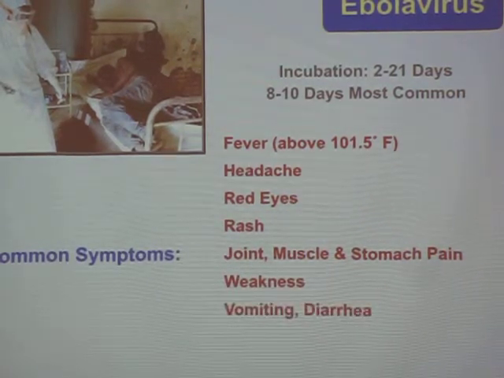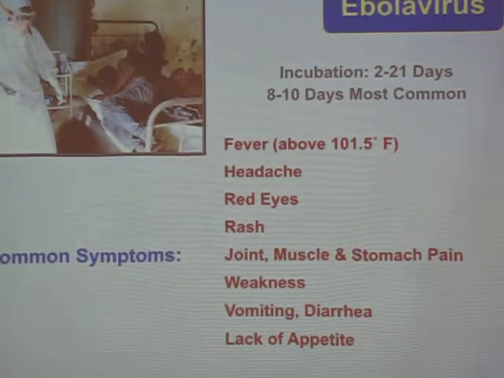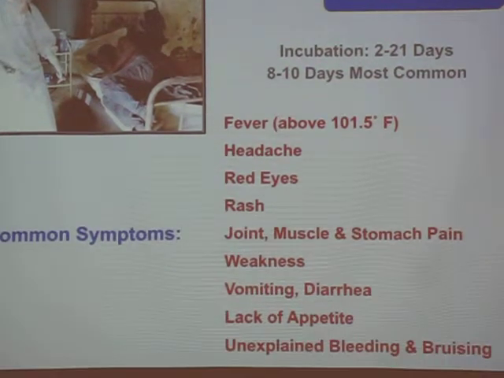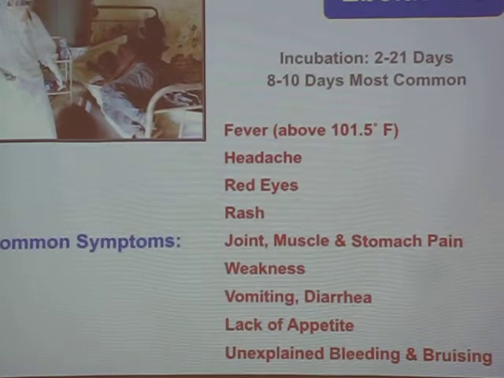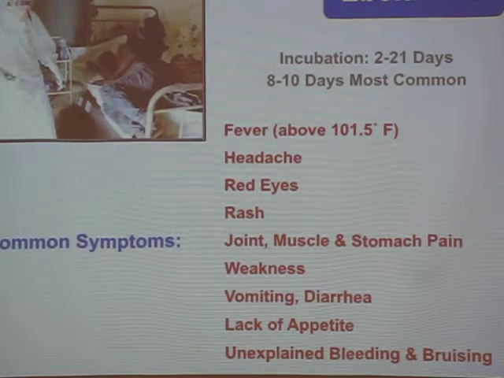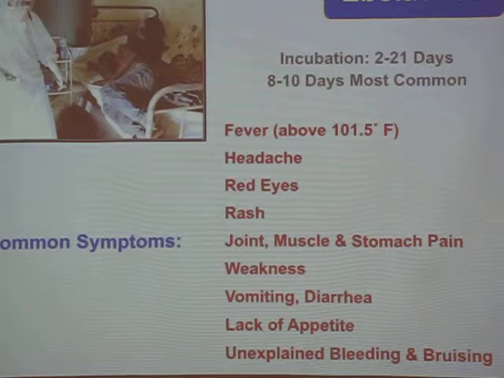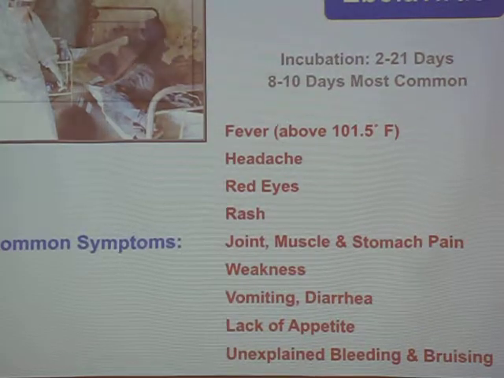Weakness, vomiting, diarrhea, lack of appetite, and then unexplained bleeding and bruising. Usually that follows. It takes a particular period of time before the lining of those blood vessels breaks down, and then you start getting bleeding all over, inside and out, and through the mouth and through the nose. It's a horrible thing.